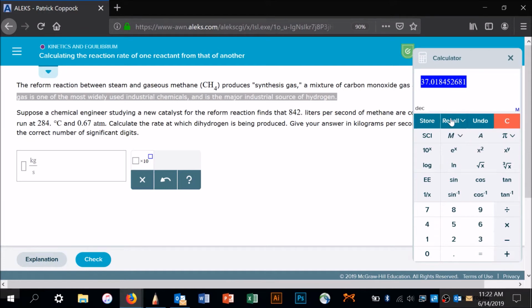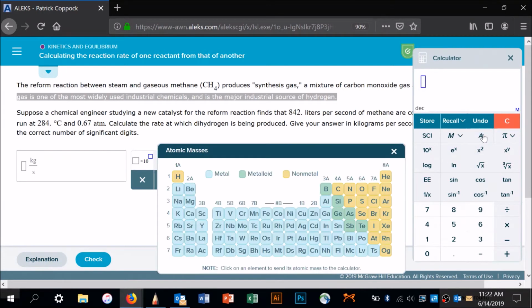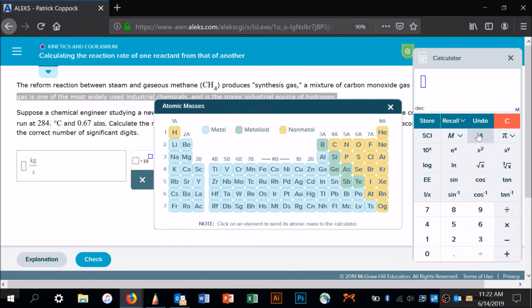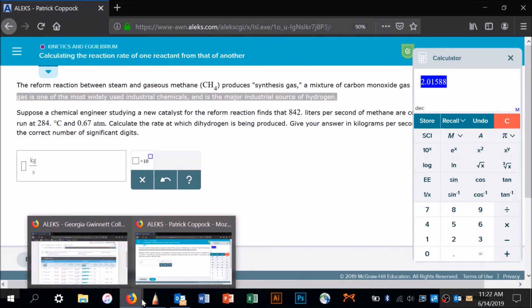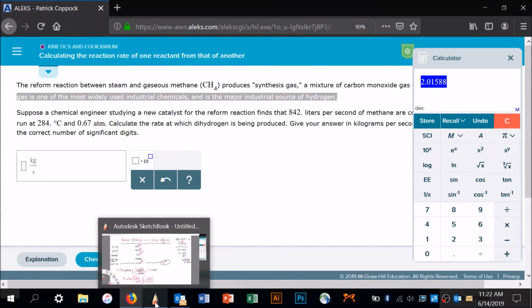Did I store that? I did. So let's clear that out. And watch this. If you've never done this before, I can get my molar masses by clicking this A button. This comes up, and I'm going to say 2 times hydrogen equals, and that's my molar mass of hydrogen. I'm going to store that. Okay. It's 2.016.